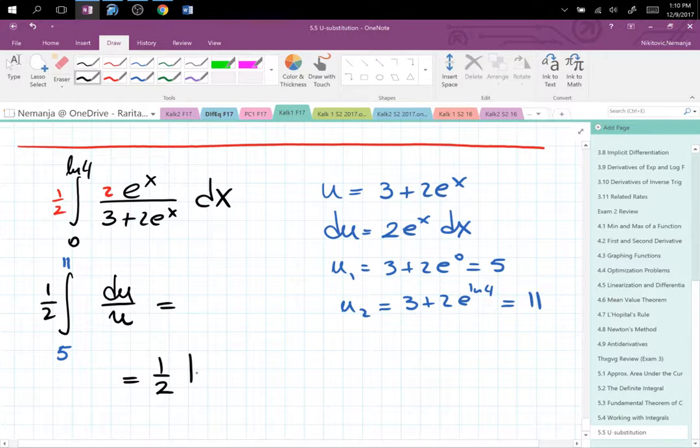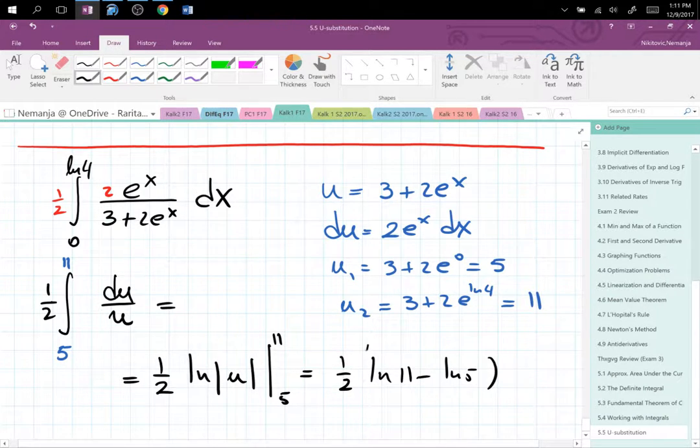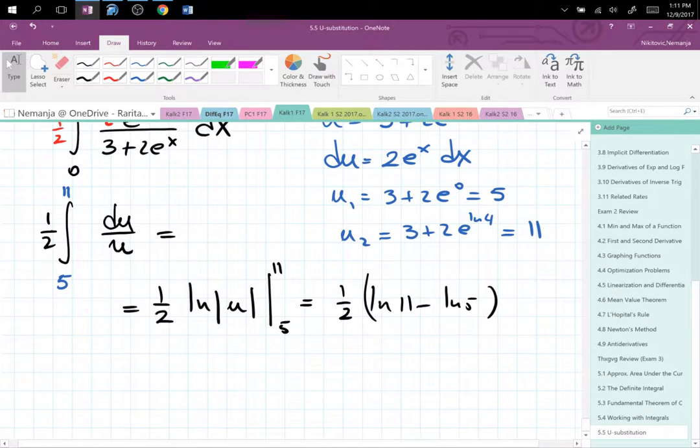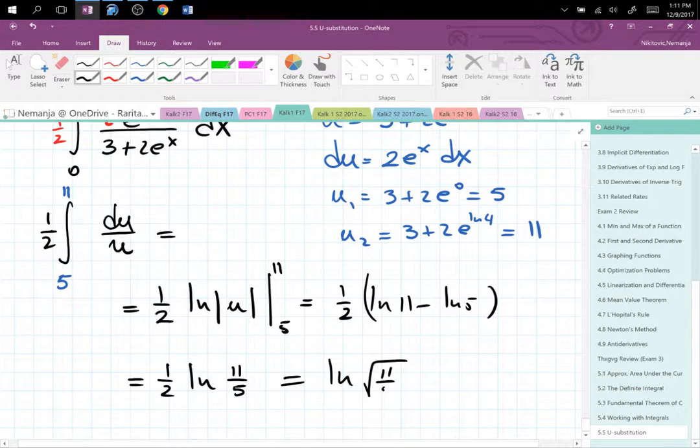This is 1/2 ln of u computed from 5 to 11. That is 1/2 (ln 11 minus ln 5). Now, depending on how fancy you are, and you should be fancy, you can write 1/2 ln 11 over 5 and then bring 1/2 inside for ln square root of 11 over 5.